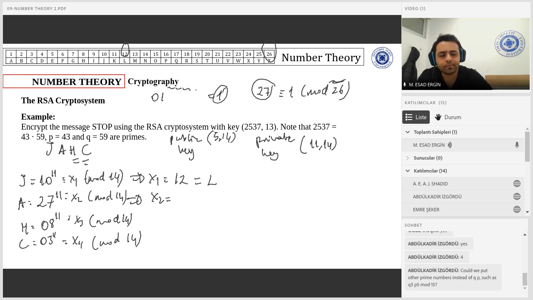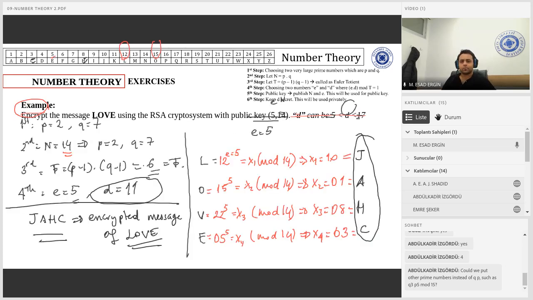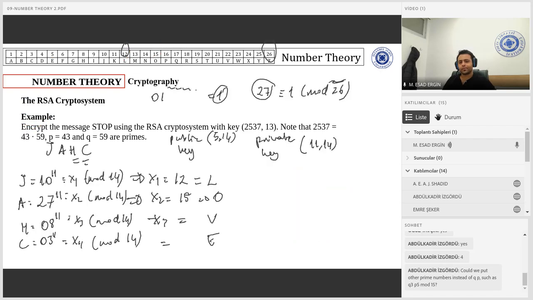Let me check again. In modulo 14, it is 15, it is O. So it has to be the same as the result, yes, it is O.